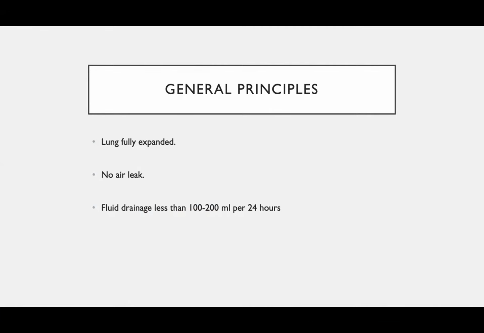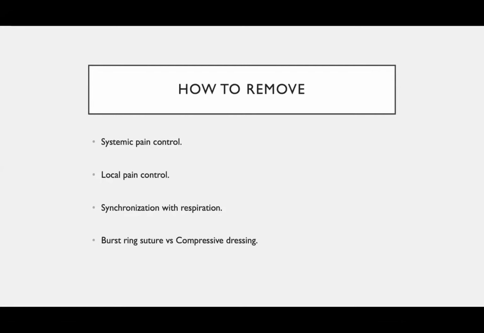Usually fluid drainage should be less than 100 to 200 milliliters per 24 hours. And usually I remove it up to 300 or 350 ml if it is a clear fluid that has no pus, no blood, etc.